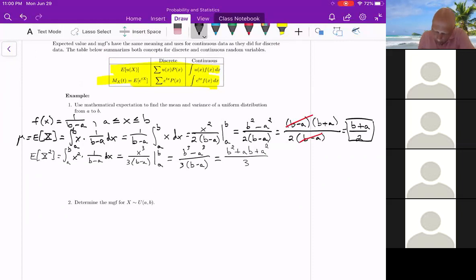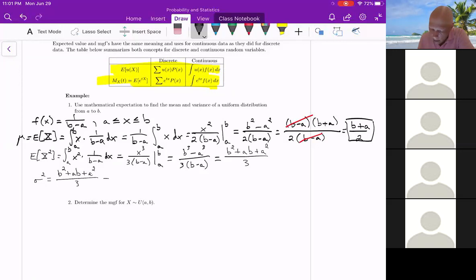Can someone remind me again, how do you get the variance? Subtract mu squared. Perfect. Yeah. And so this is the second moment, which we just got to be b squared plus ab plus a squared over 3, minus the square of the mean.